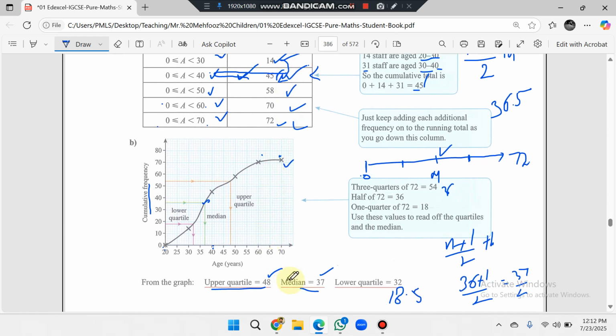So you can see that for the lower quartile, according to the graph, this is your median, and from the median to 0, the central value will be this one according to the estimate. And when we plot a horizontal line on the y-axis and a vertical line on the x-axis, you can see that it will be like 32. So that's why it is the lower quartile.